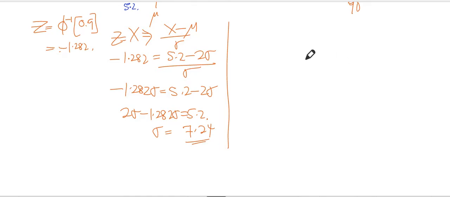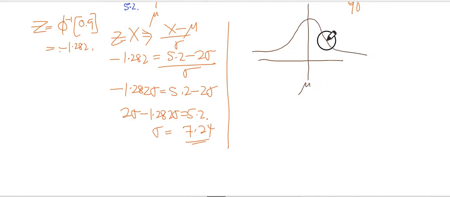First of all, we have to understand the bell curve. It is a symmetrical curve. Right and left look exactly the same. This is your mu.